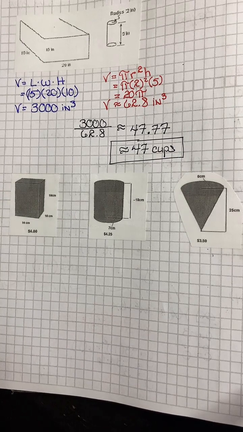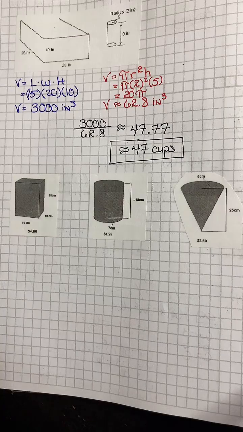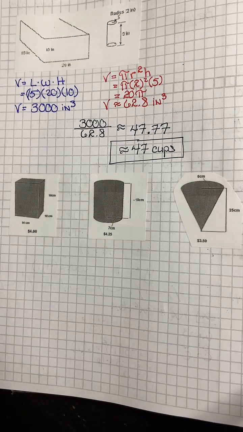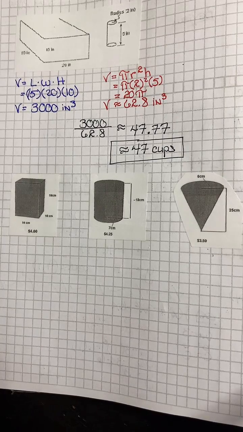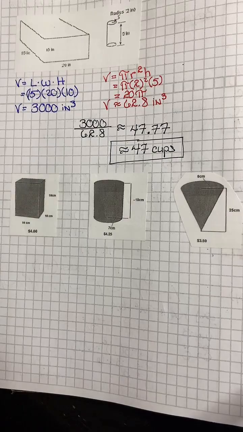Real life situation. You ever go to one movie theater, they have the buckets. Another movie theater, they have boxes. Another movie theater, they have cones. Life lesson here. Okay, they wonder which of the choices was the best buy. Analyze the 3 popcorn containers below. Which is the best buy?